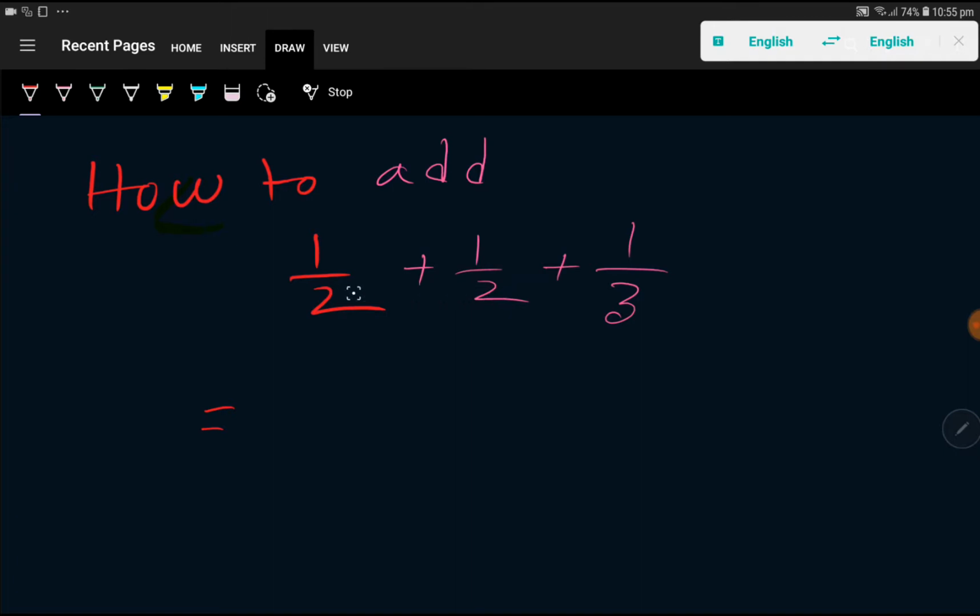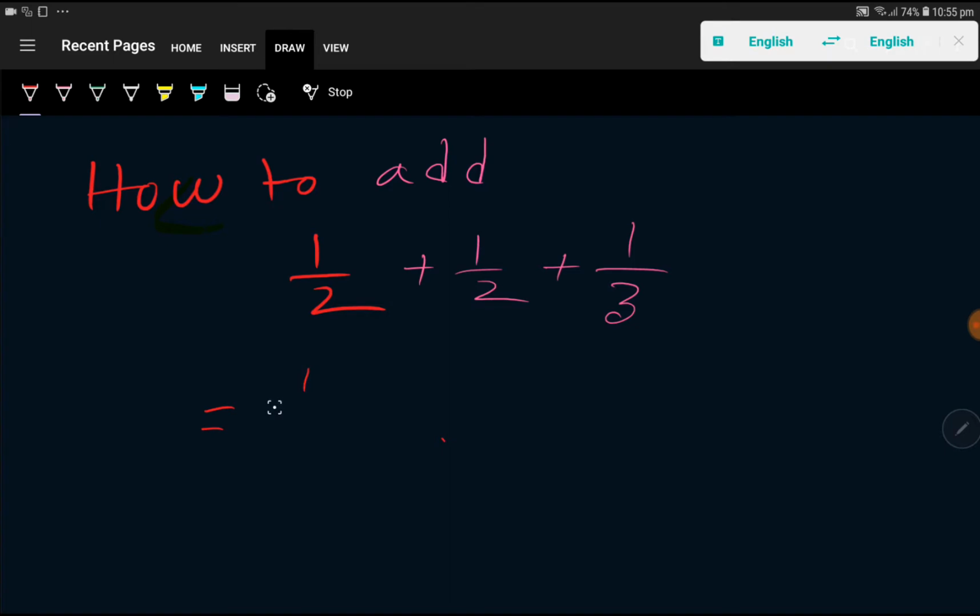If I multiply this 2 by 3, then I will get 6. If I multiply this 2 by 3, then I will get 6. And if I multiply this 3 by 2, then I will get 6. If I get the same denominators, then it is very easy to add these fractions.